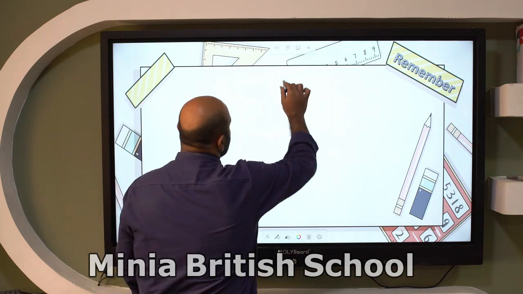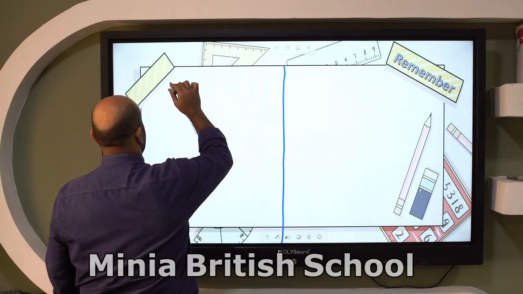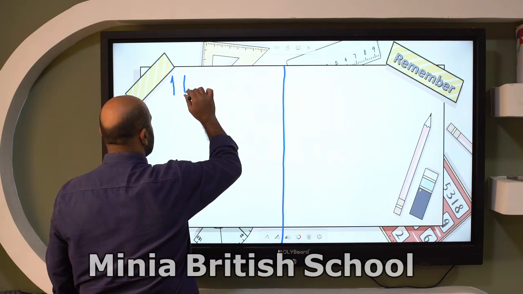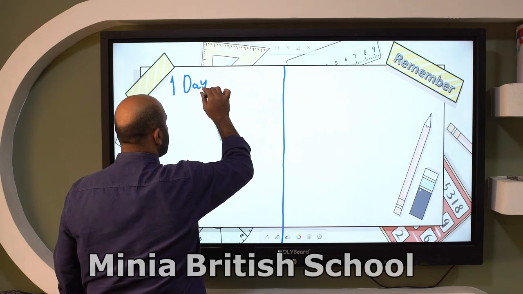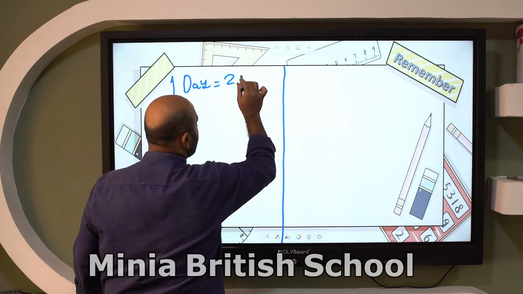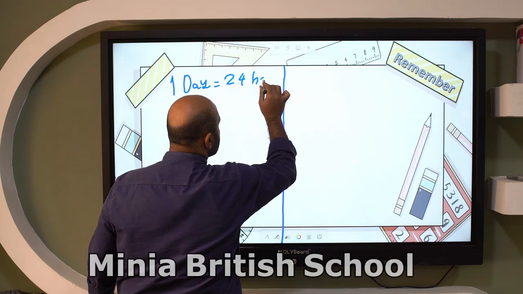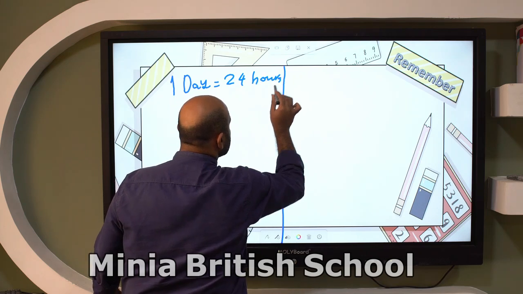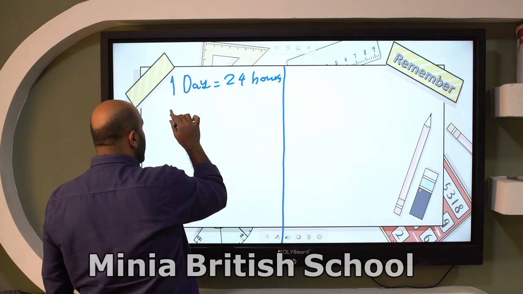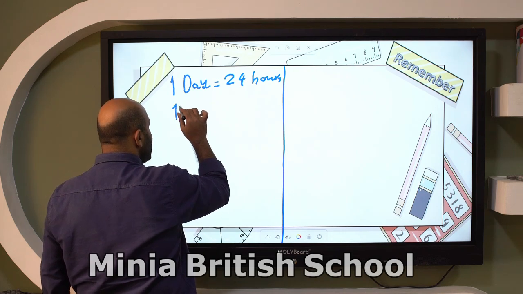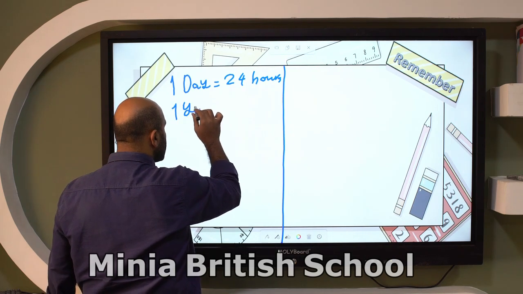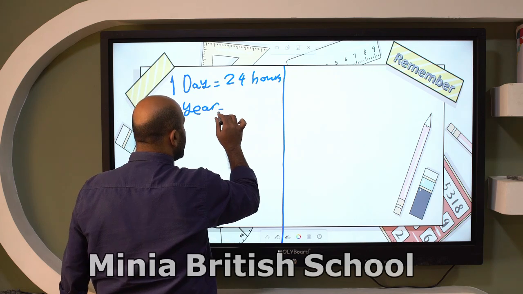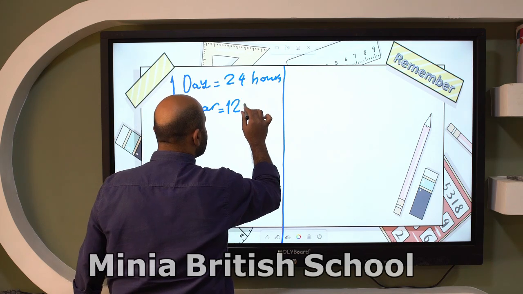First, we all know that one day equals 24 hours. You know that 1 year equals 12 months.